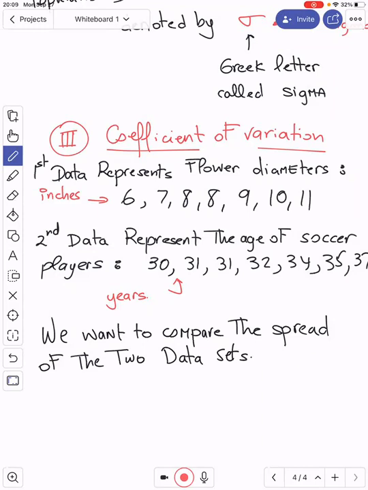Of course you would like to use the standard deviation, but the problem is that the standard deviation depends on the units.